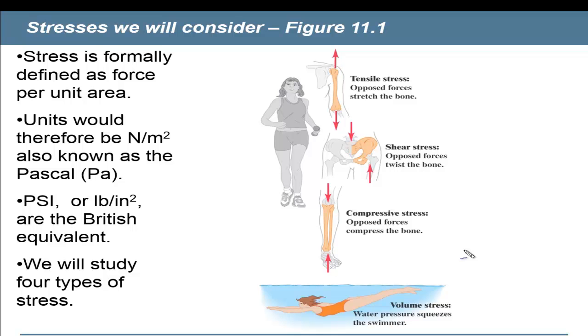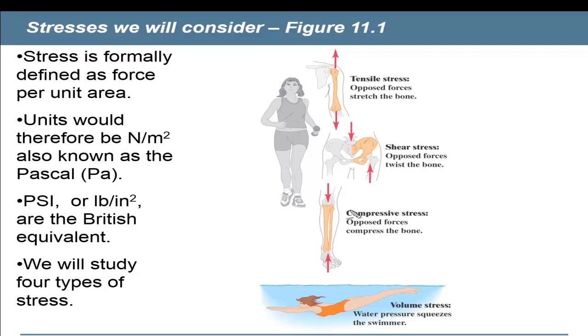And lastly, if she were to go swimming after she ran, she might dive in the water and she would experience a volume stress, which is really a compressive stress applied everywhere on the entire volume, so that it decreases the volume.